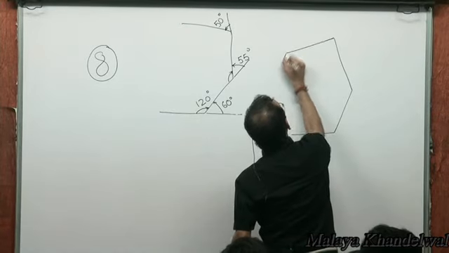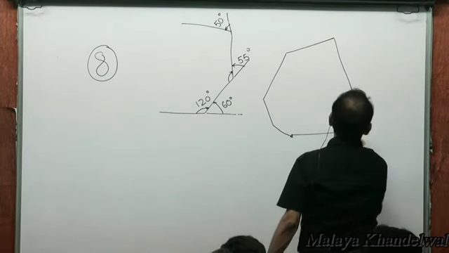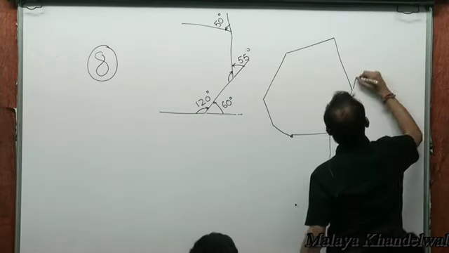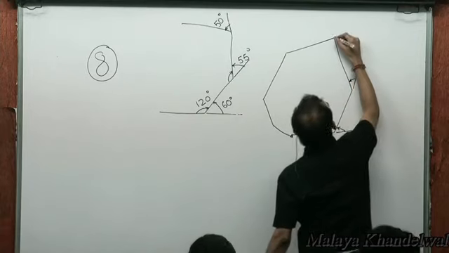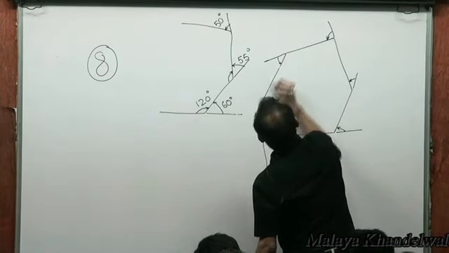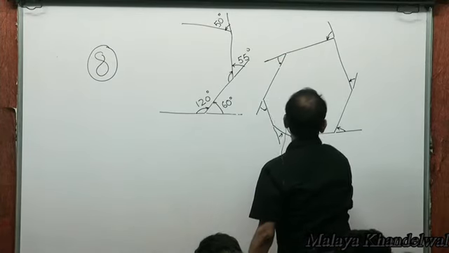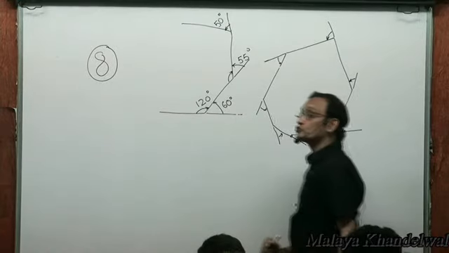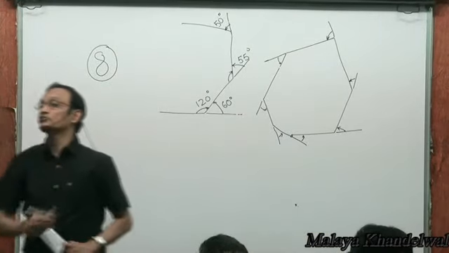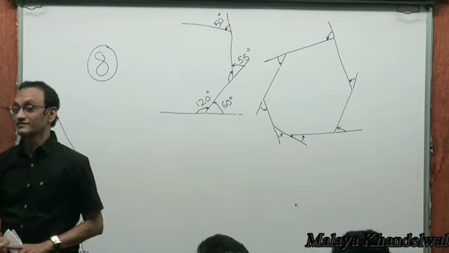It could be a tremendously irregular polygon, right? I claim it does not matter: this angle plus this angle plus this angle plus this angle, no matter what, will always add up to 360 degrees for all kinds of polygons, regular, irregular, or tremendously irregular.